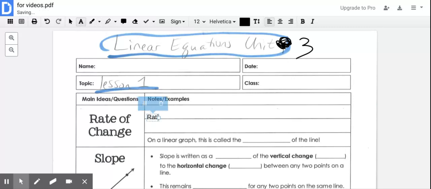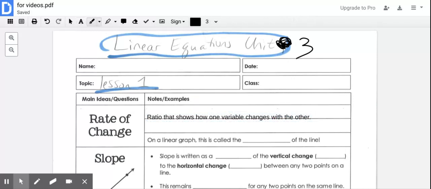It is a ratio that shows how one variable, so like your x, changes with the other. So if you remember from 7th grade, we would do like y divided by x on those charts, and that would find the constant.